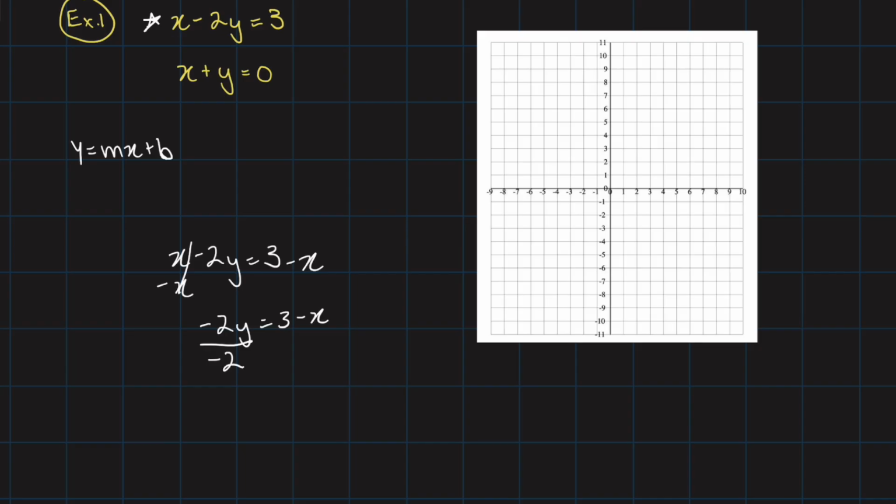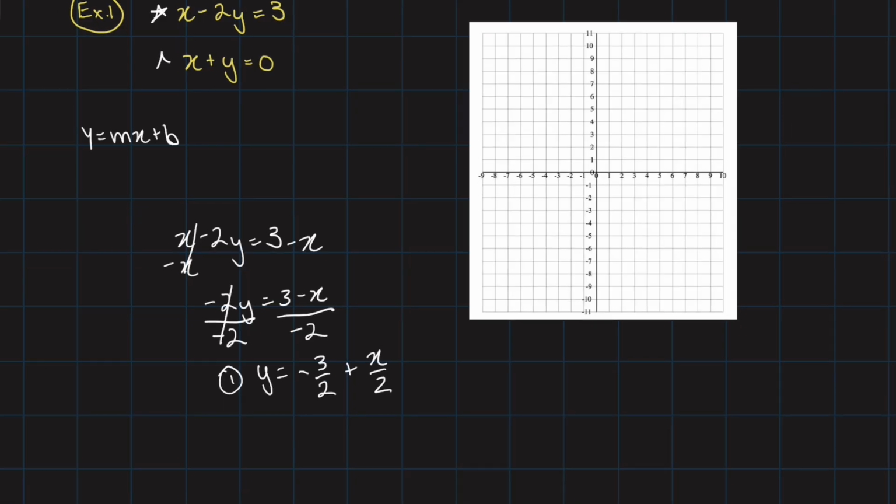We divide both sides by negative 2, and that leaves us with y equals negative 3 over 2 plus x over 2, because this would become minus negative x over 2, and two negatives multiplied together give you a positive. So that's our first equation in slope-intercept form.